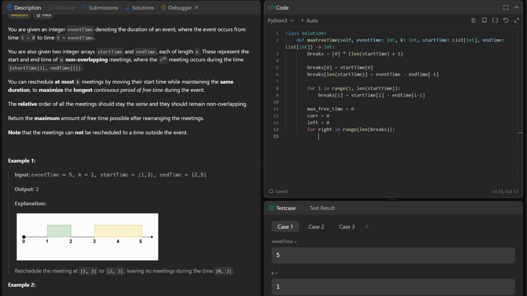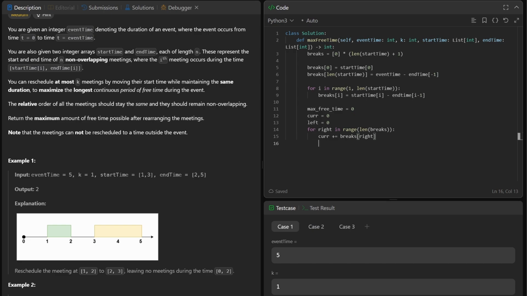And when we're iterating through, the way it's going to work is we will add the break that we're currently at to our current window. So we'll do cur plus breaks of the current index. And then we need to check if our window is broken.